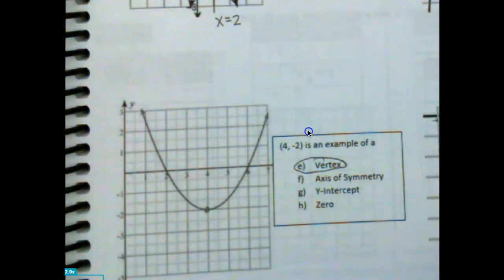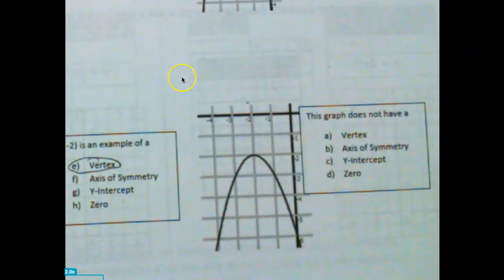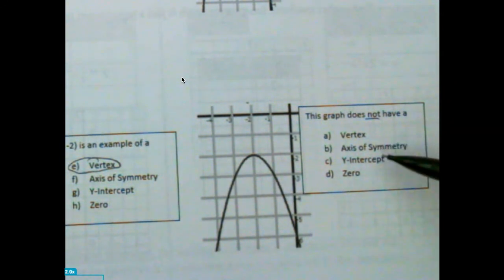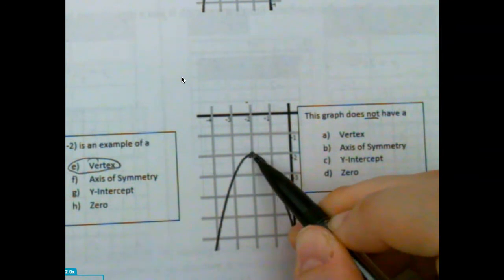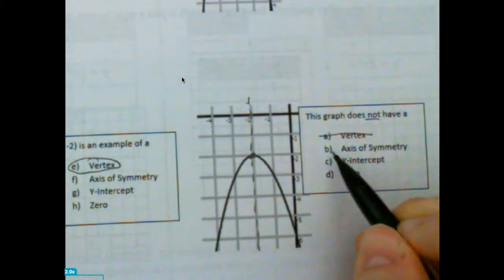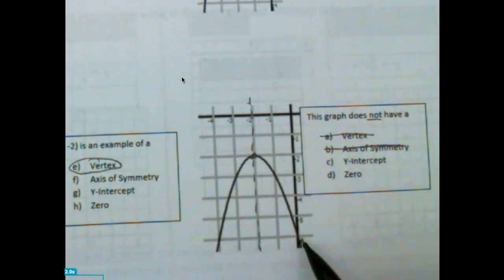And finally, the last one, this graph does not have a vertex, axis of symmetry, y-intercept, or zero. Well, it has a vertex right here. Okay, so can't be vertex. It has an axis of symmetry, that's this guy right here, so can't be this. It has a y-intercept way down here.